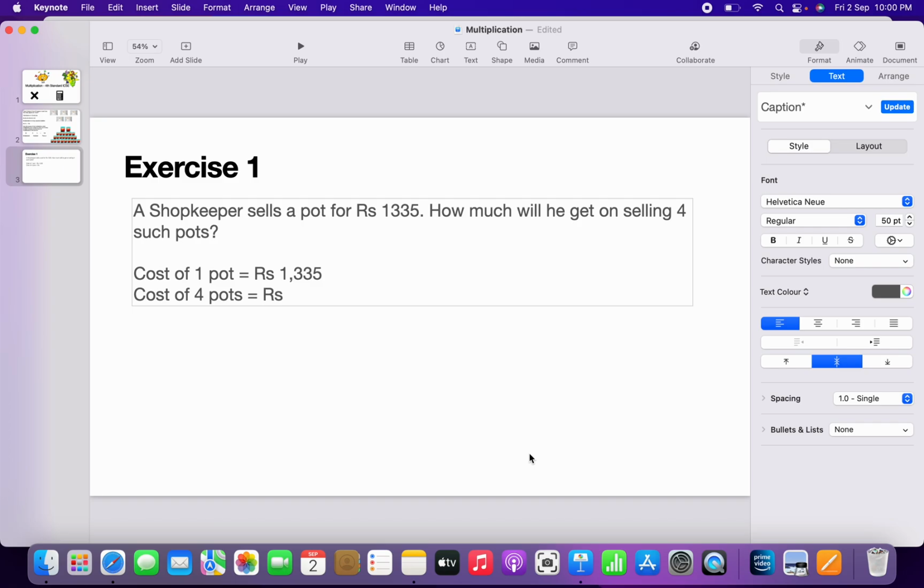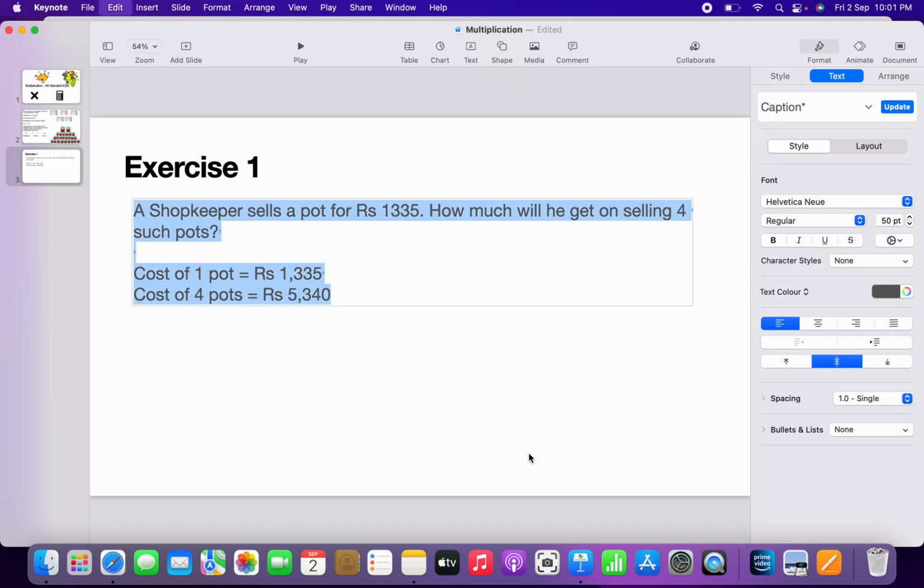You can write cost of 4 pots is rupees 5340. So a shopkeeper gets rupees 5340 by selling 4 such pots.